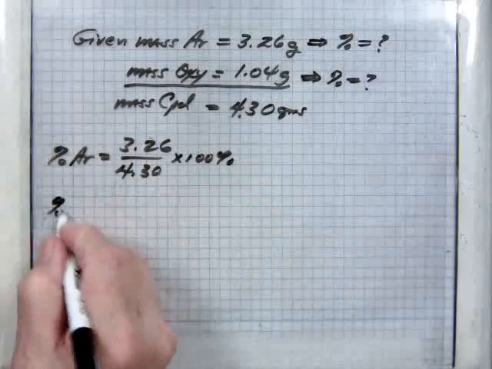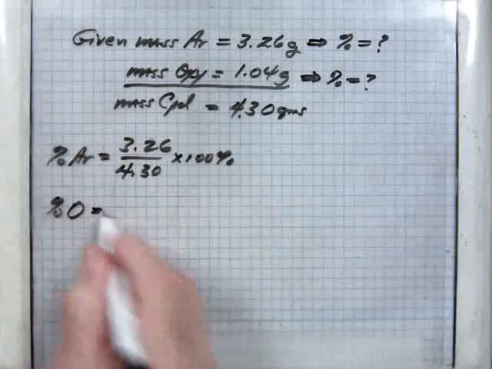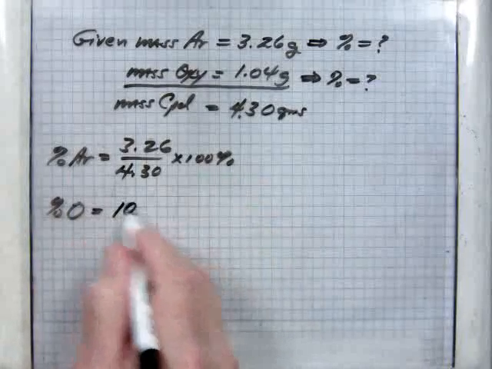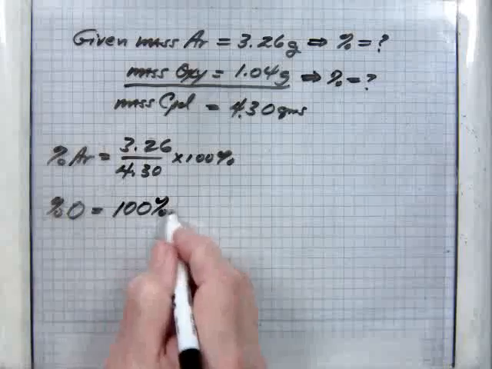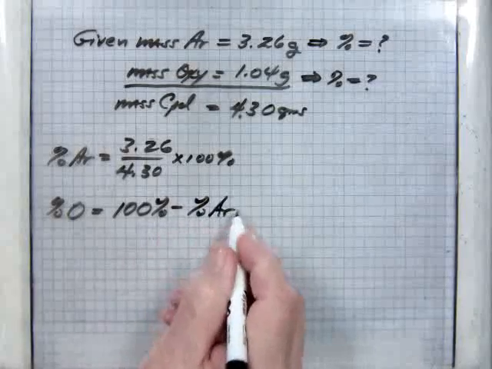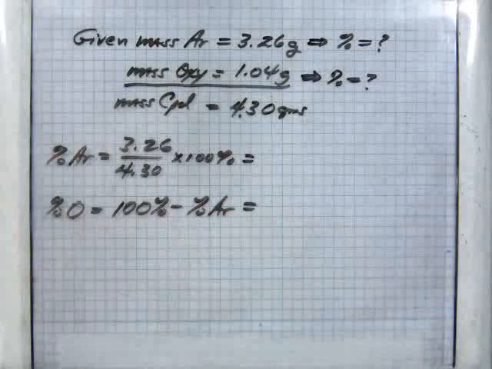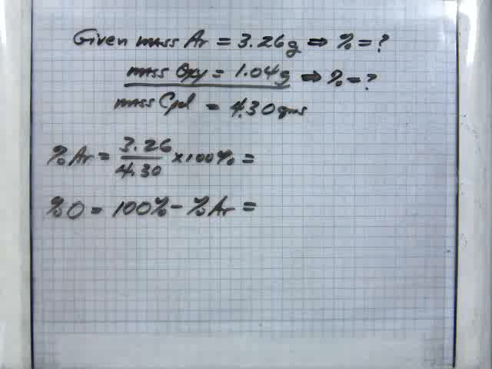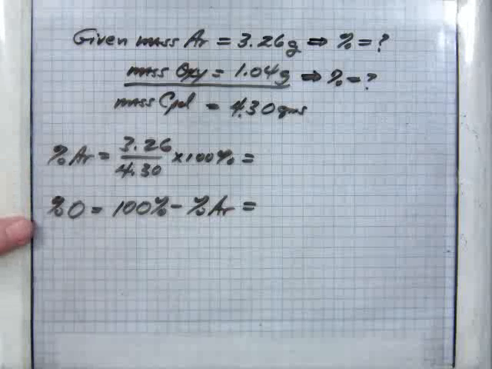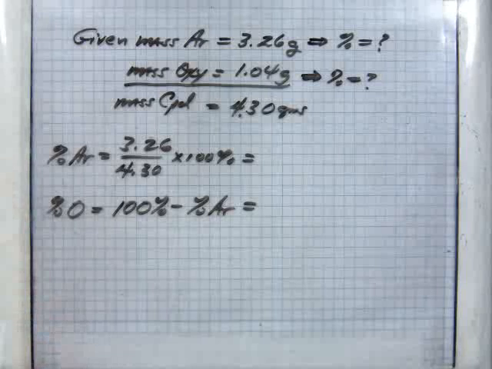Now, when you get that one, you can get the percent by weight of oxygen simply by taking 100% minus the percent of arsenic from the first calculation, like that. Or you can do the ratio either way. Now, if you have 3 components, you'll have to do at least 2 of these by ratio, and then you can add them up and subtract from 100.